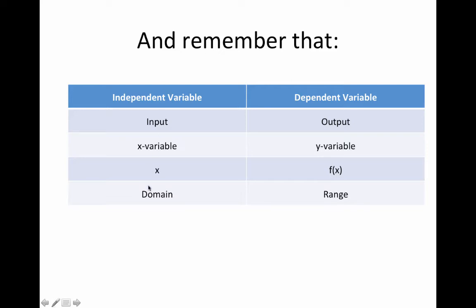So keep the table handy, so that if you have a problem that asks you to do something once you know the independent and dependent variable, like graph x and y, or write a domain and range, then you can know that the independent variable values are the x's, or the domain, and the dependent variables are the y variables, or the f of x value, or the range values.